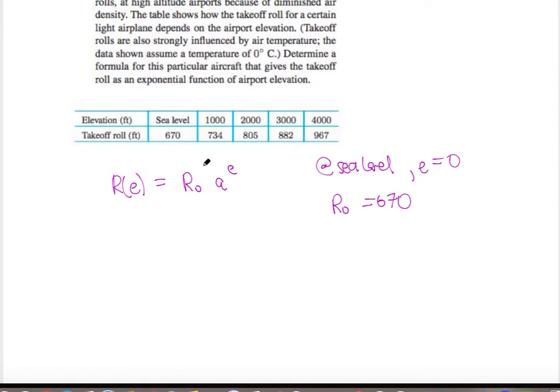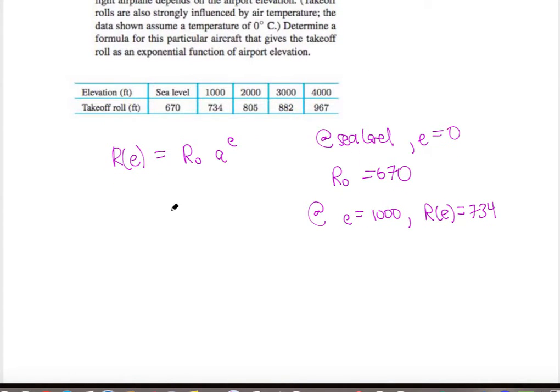Now, to get our next part, we can just use a later point. So it doesn't really matter which one you choose, but it makes a lot of sense to just do the 1,000 here. We will say that at E equals 1,000, R of E will be equal to 734.